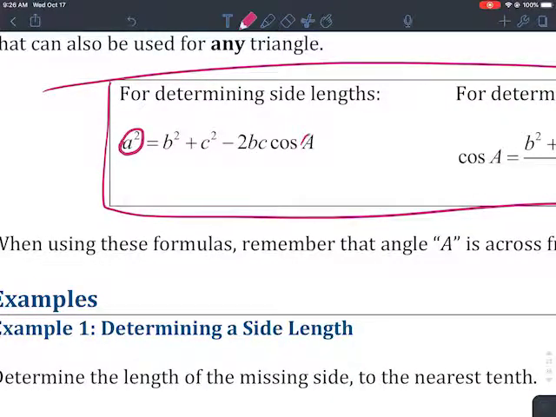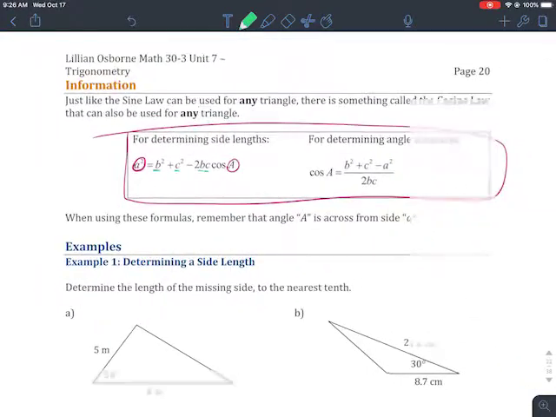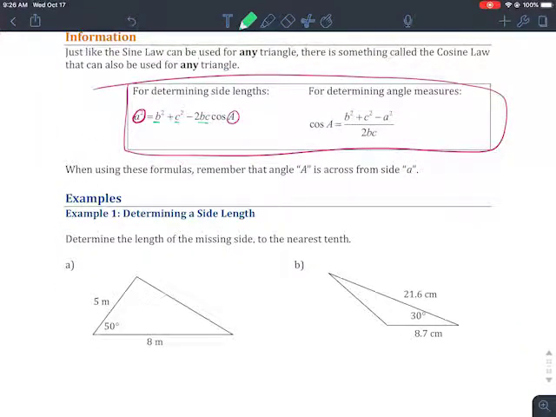Now if I'm solving for a side length, that's side length a, it's always going to match the angle that you're going to use with cosine, and it's going to be its opposite angle to that side length. All of the other things, like bc, it doesn't matter what order you put them in. It doesn't matter at all. The only things you have to keep in mind are the side length and the angle that you're trying to find.